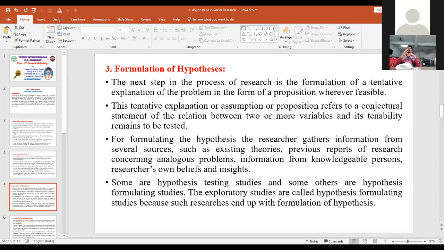In formulating the hypothesis, the researcher gathers information from several sources, such as existing theories, previous reports of research concerning analogous problems, information from knowledgeable persons, or the researcher's own beliefs and insights.